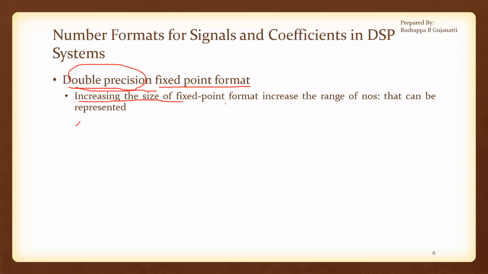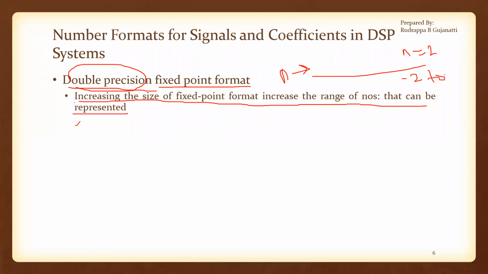One way is increasing the size of the fixed point format, which increases the range that can be represented. When I'm making use of n bits, some particular range is there, depending on whether it is integer representation or fractional representation. Previously I discussed n is equal to 2, which gave the range minus 2 to 1.